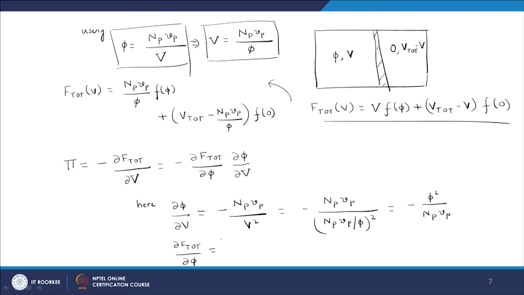So, if I look at the first term, that is Np Vp multiplied with phi multiplied by f prime minus f of phi multiplied by derivative of phi, that is 1, divided by phi squared, that becomes the first term, and the second term f of 0 is anyway a constant.